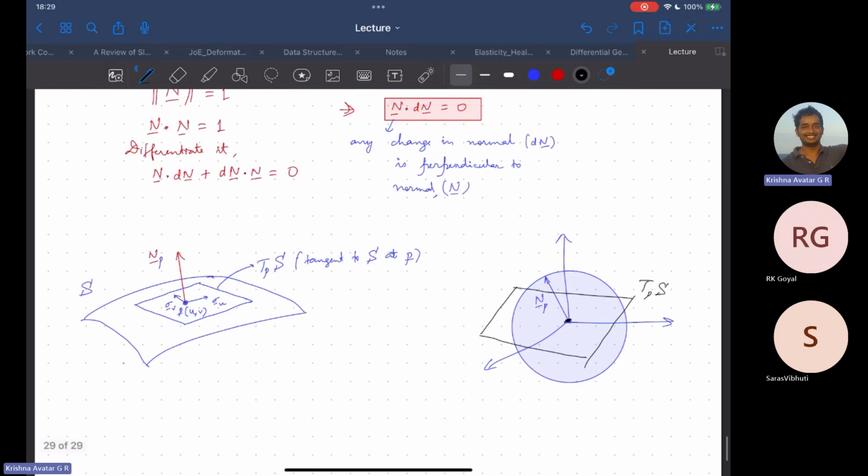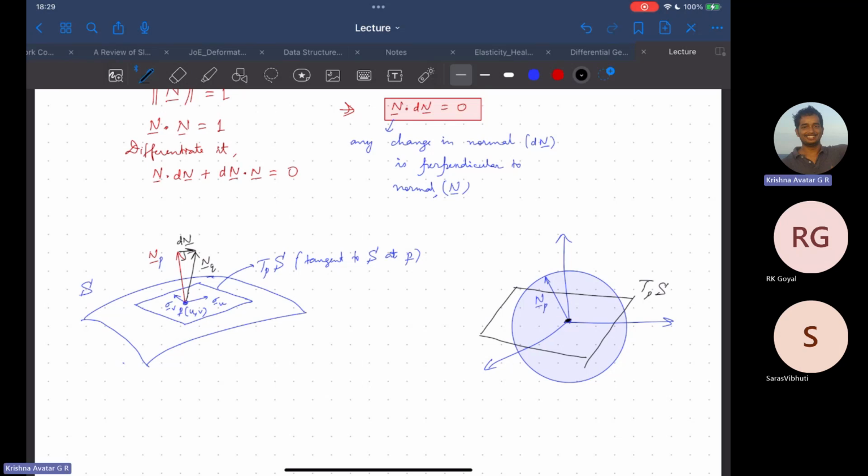Now, what happened is we recall that dN. So this dN is going to be perpendicular, right? So this may be some other normal vector. Let this be some normal vector, let's call it NQ. And this is the dN vector, right?